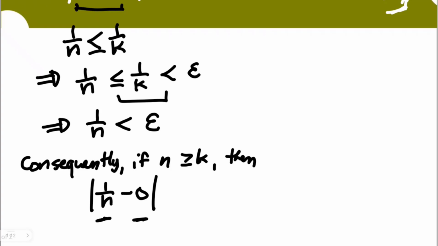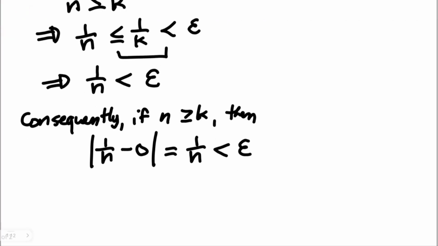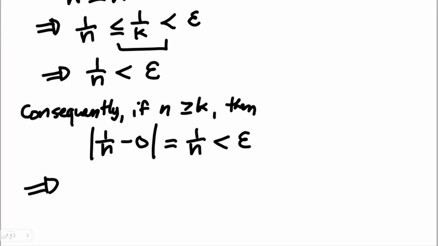Take note of that, that's part of our item earlier. Which is equal to 1 over n, which is less than epsilon. So cutting the middleman, we can establish here that the absolute value of 1 over n minus 0 is less than epsilon. This already satisfies the definition of our limit.